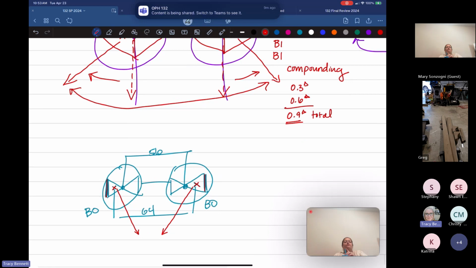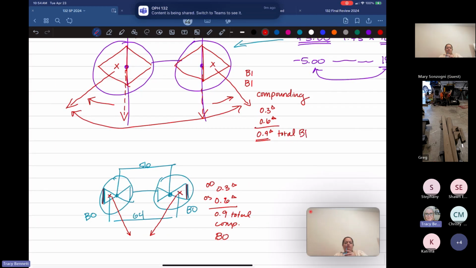And it would be the same thing here if we had a 0.3 and a 0.6 OD and OS. If that's how much this ended up causing, then these two would compound, and we would have a total of 0.9 base out prism versus this one, which was a total of base in prism.